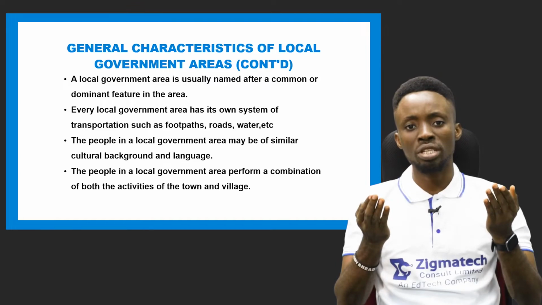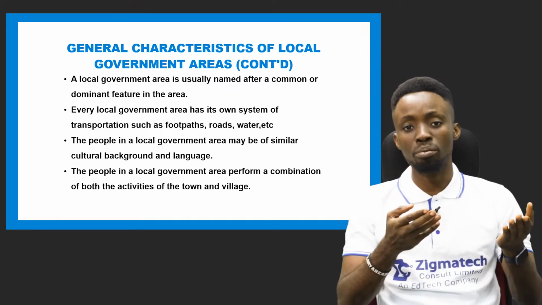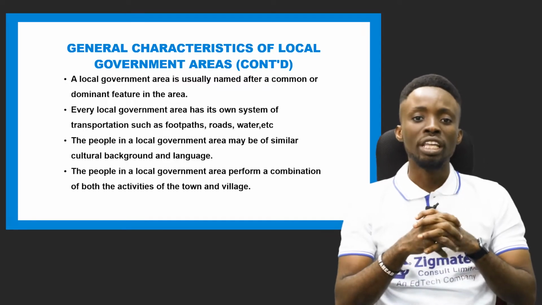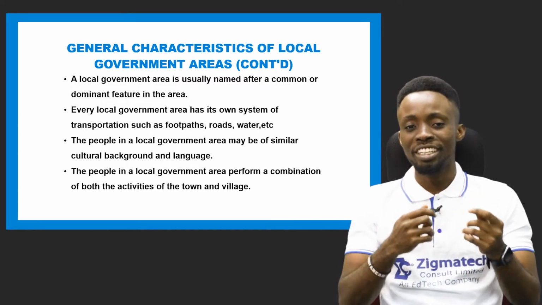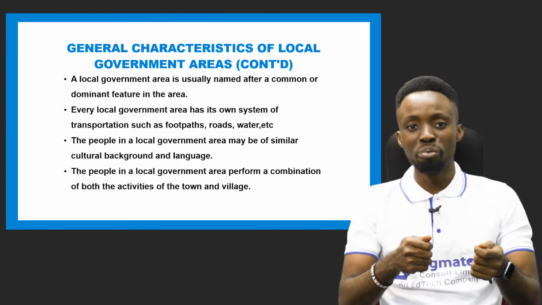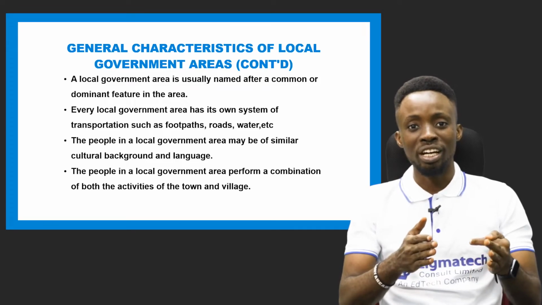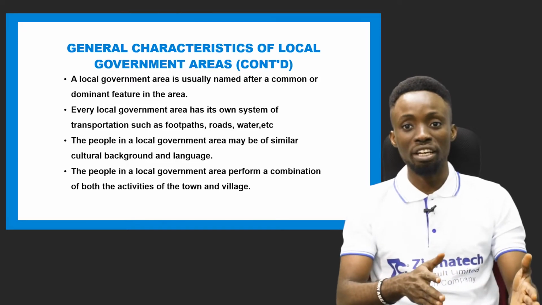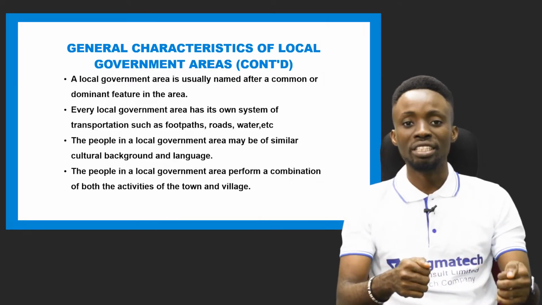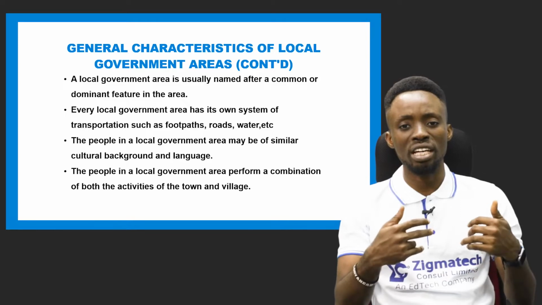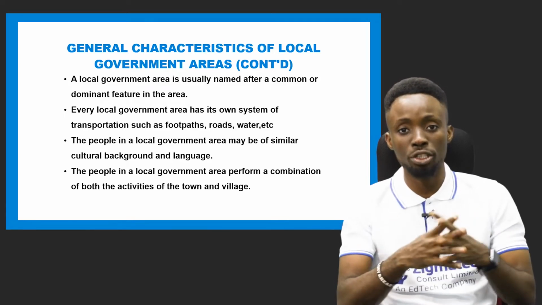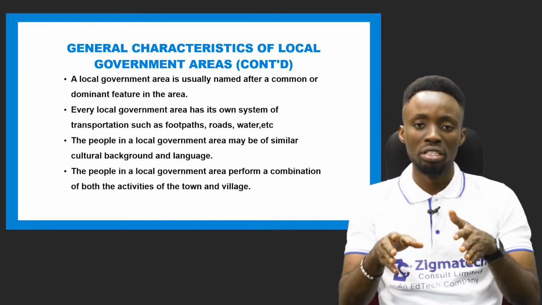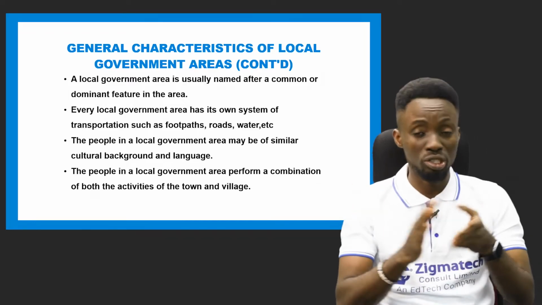Let's say it's Ipanenin local government in Akwa Ibom State. They named that local government after an elephant. So what I'm trying to say is that some local government areas get their names from a feature that was common or peculiar to their culture in that particular place.